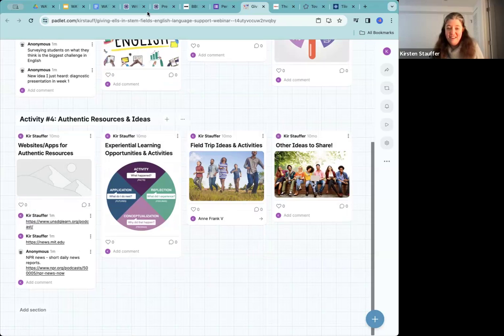I'll put that in. Yeah, virtual tours are a really great way. I really like doing experiential learning as well, and field trips I've found to be really helpful.